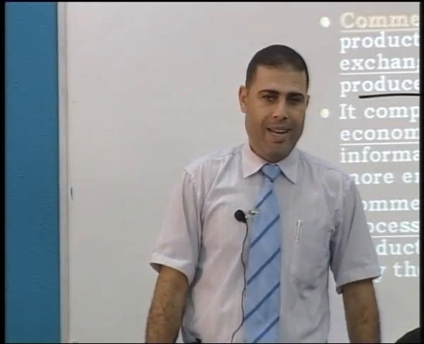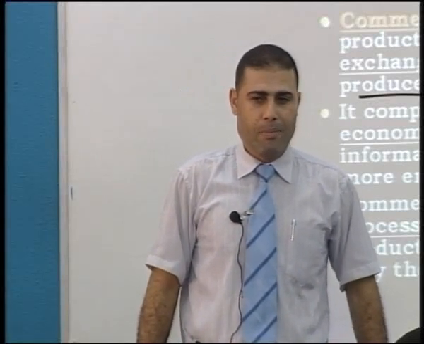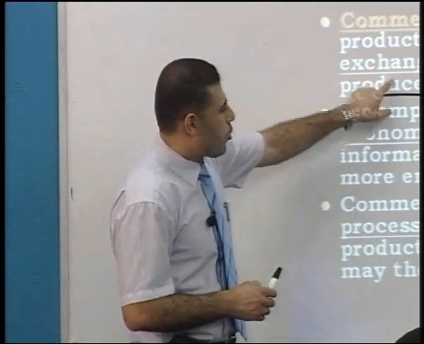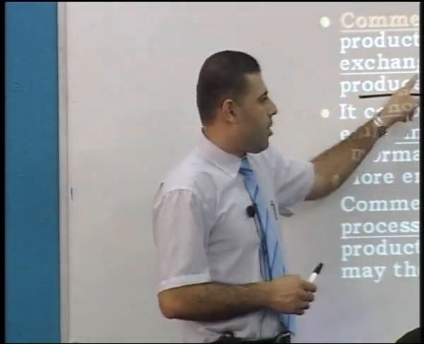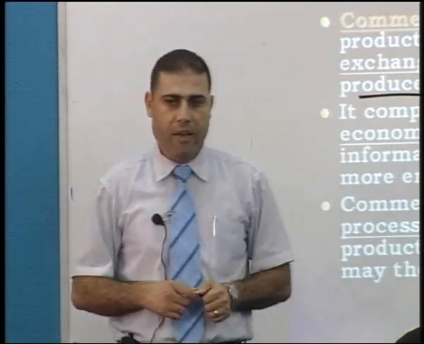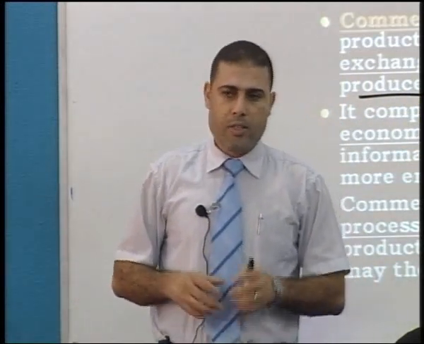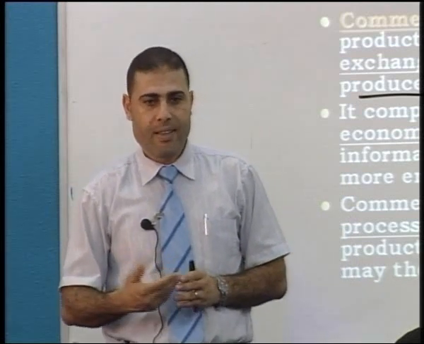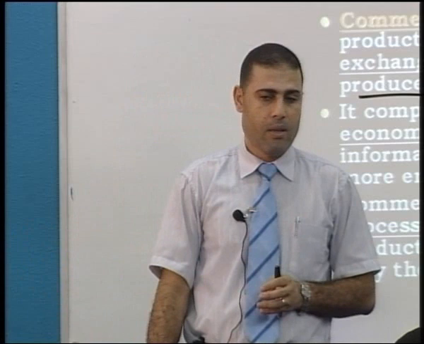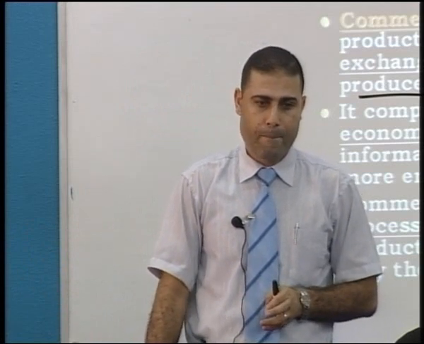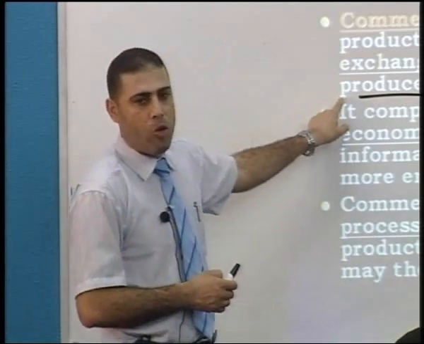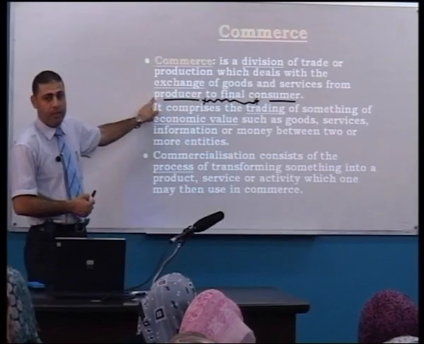But nowadays, some scholars say, well, if we cannot include the production line within the commercial activities, this is not fair. Because the factory, the producer, can make more money than a merchant. What do you think? The factory, the production line, can make more money than any merchant in the market.